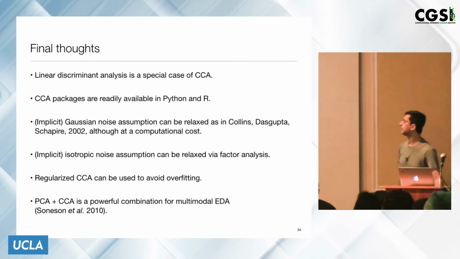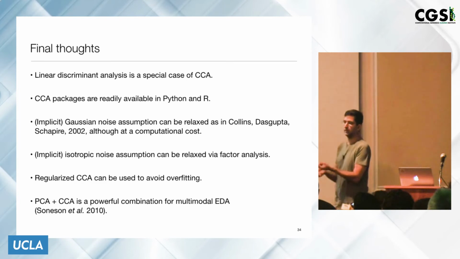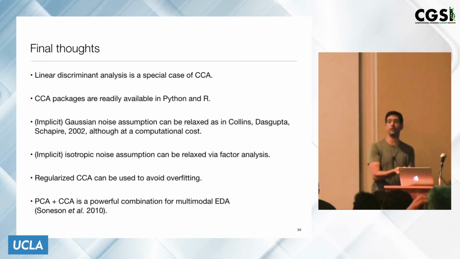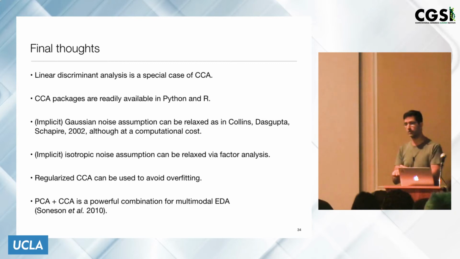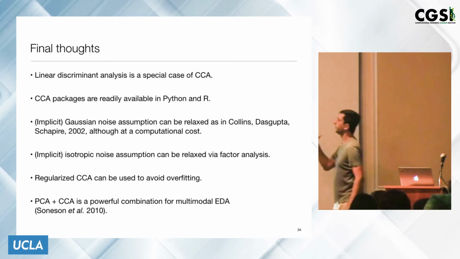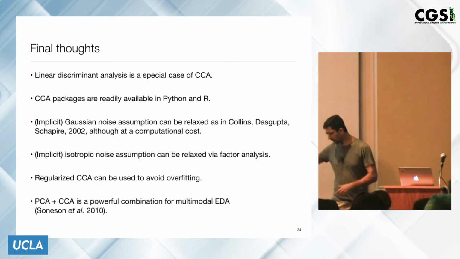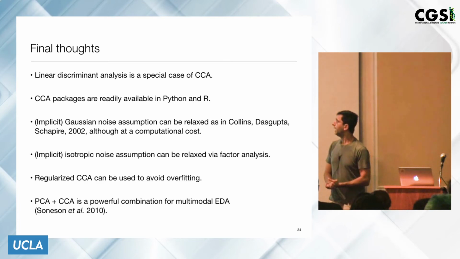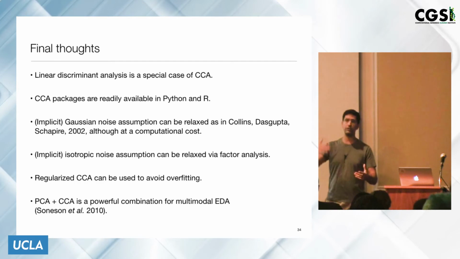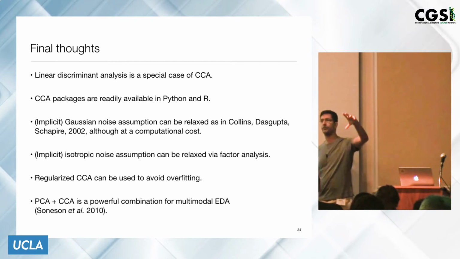More on my last slide. I'll just say a few things. There's a machine learning technique called linear discriminant analysis. It's another nice exercise to work out why that's a special case of CCA, and that's in our preprint. I haven't talked about the inference parts or the mechanics, but it turns out that CCA, instead of looking for the eigenvectors of XX transpose, you now have a matrix X and Y. You take XY transpose.